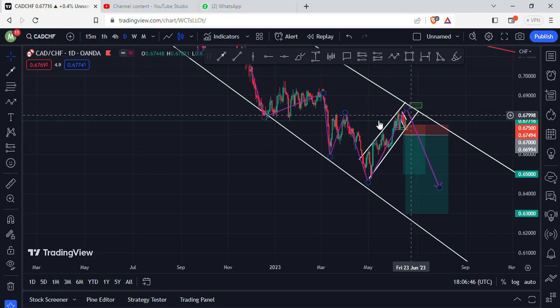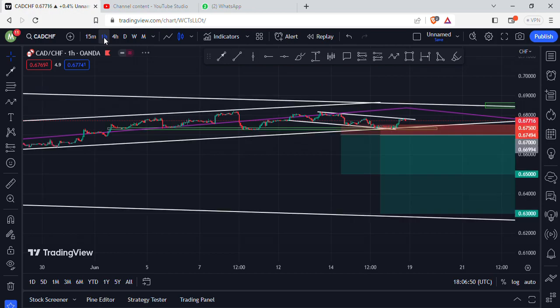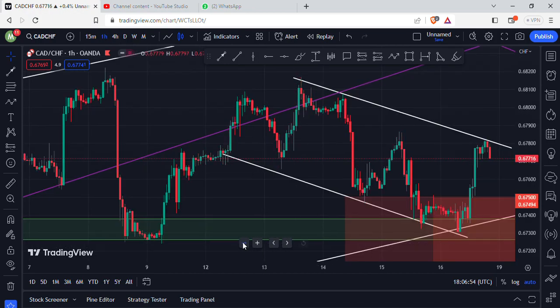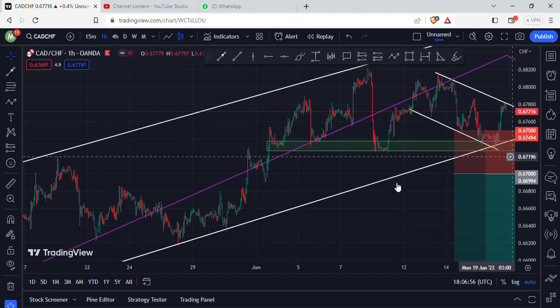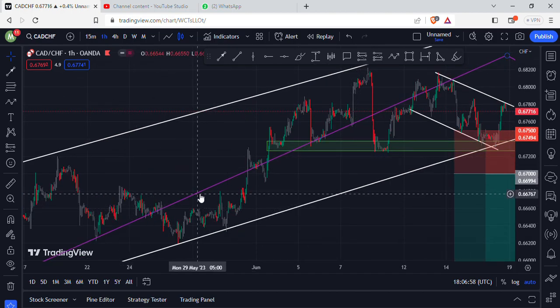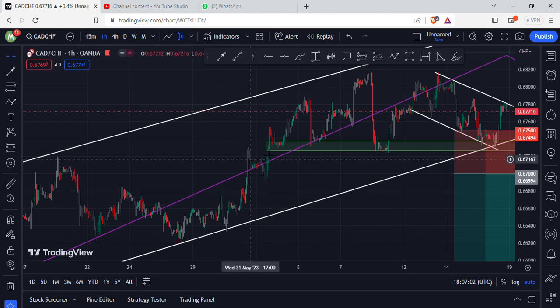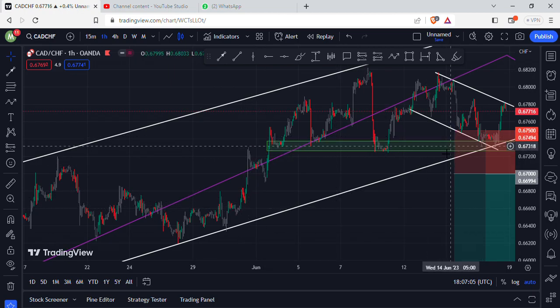Okay, then let's go to 1 hour. So this is our 1 hour. This maroon line still shows us a correction, and we sort of have a support here.